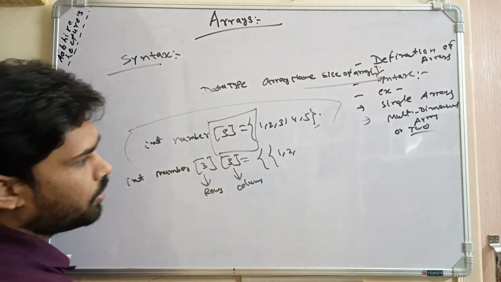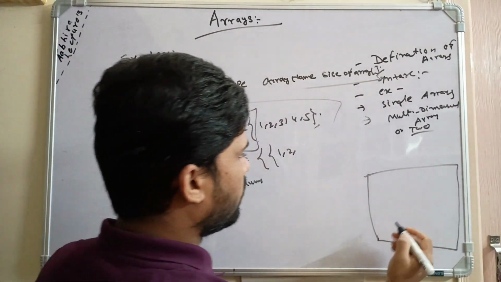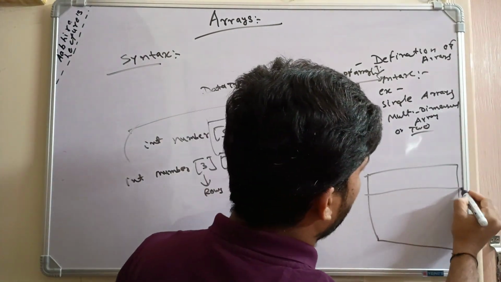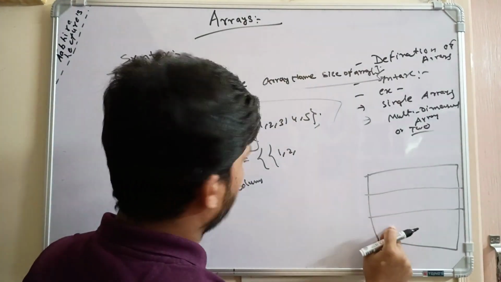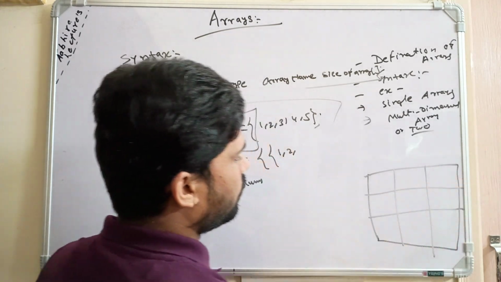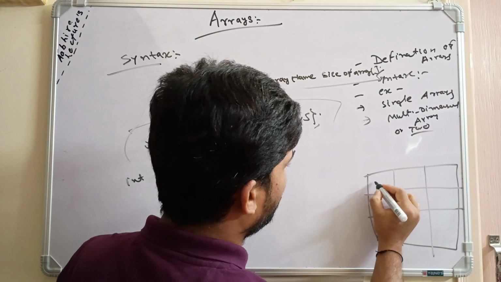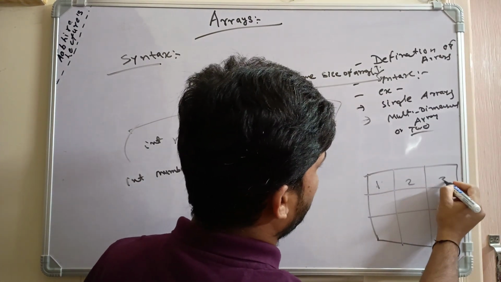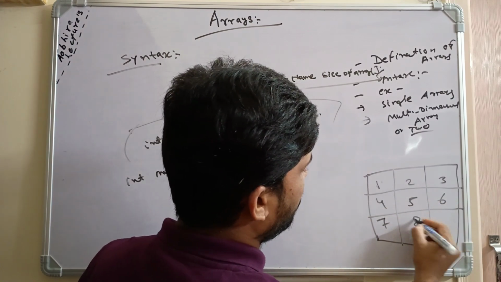Columns, 3, 1 2 3. In the rows, take any numbers: 1 2 3 4 5 6 7 8 9.